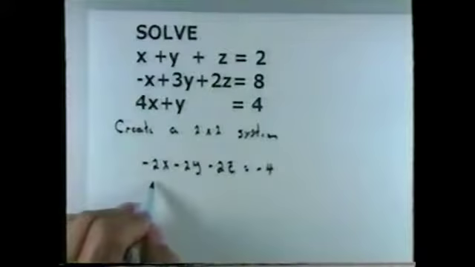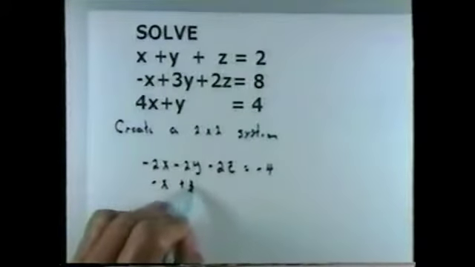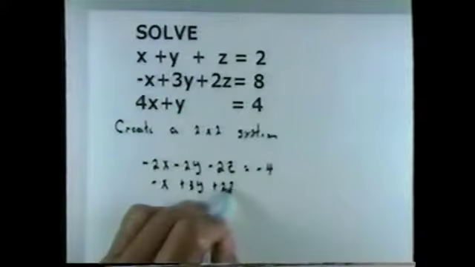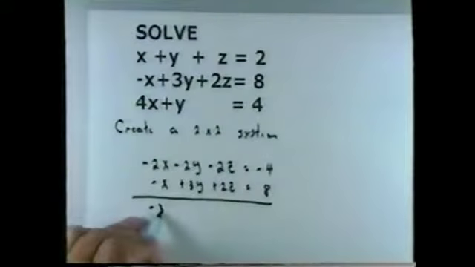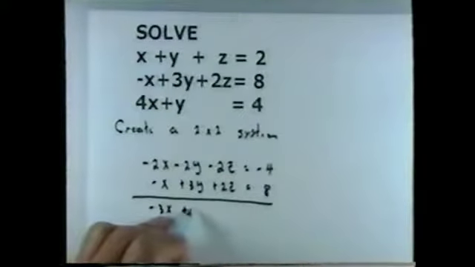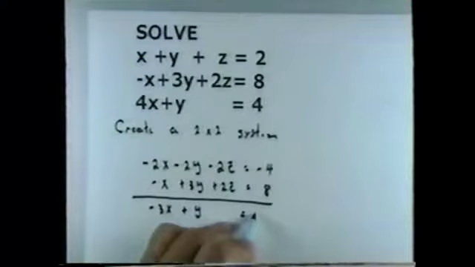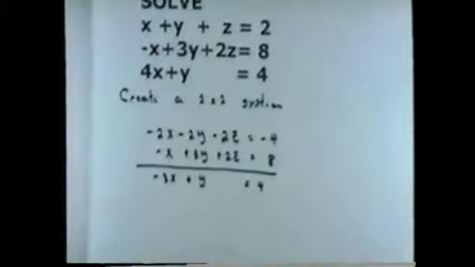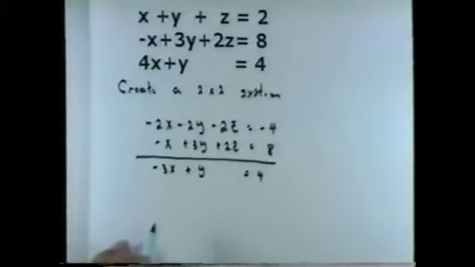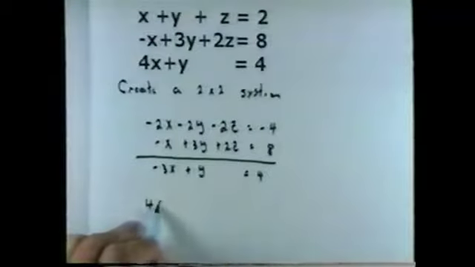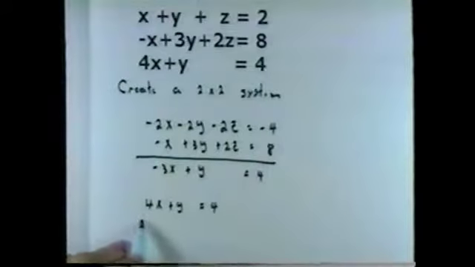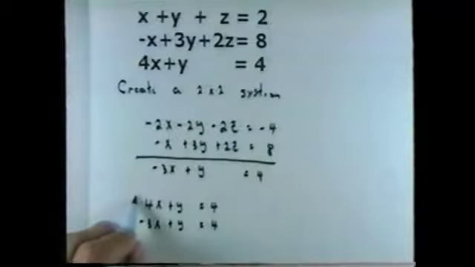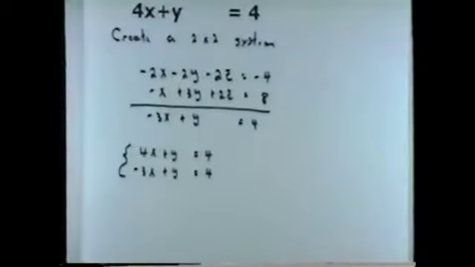Now add it to the second equation to get -3x plus y is equal to 4. Now I can combine the third equation, 4x plus y is equal to 4, with the second equation, -3x plus y is equal to 4, to create a 2 by 2 system.